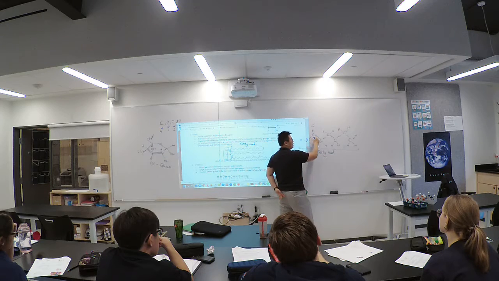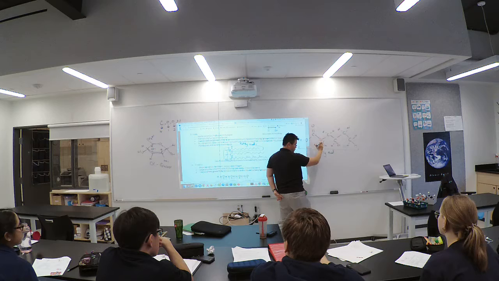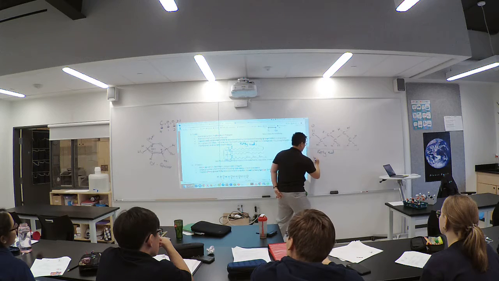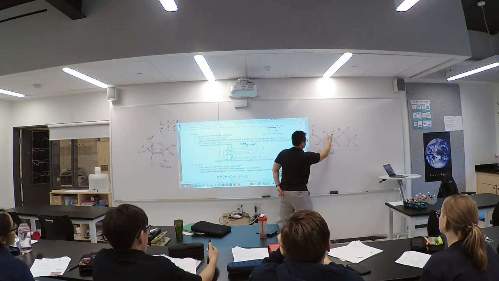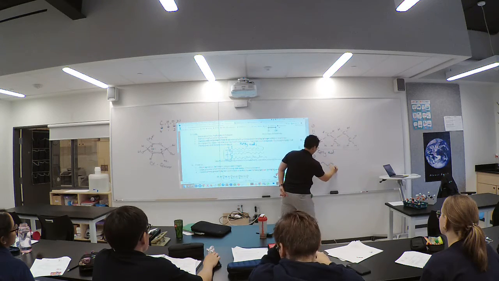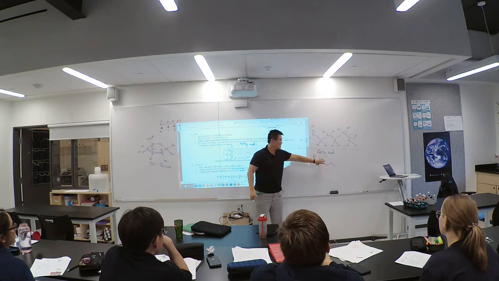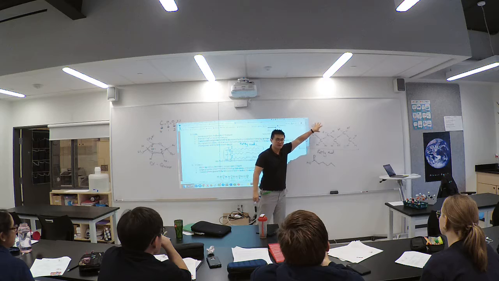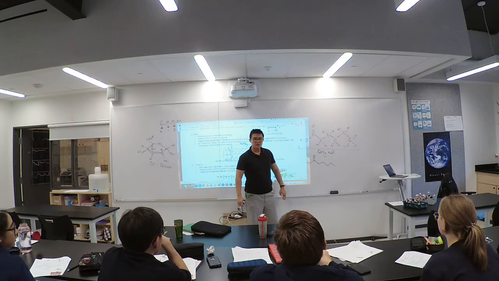Instead of drawing all the carbons and all the hydrogens, the same molecule would be like this. 1, 2, 3, 4, 5. 1, 2, 3, 4, 5, like this. So this is a simplified form of this.